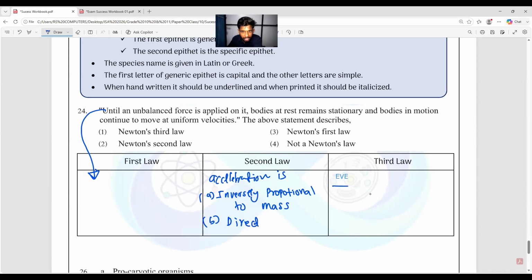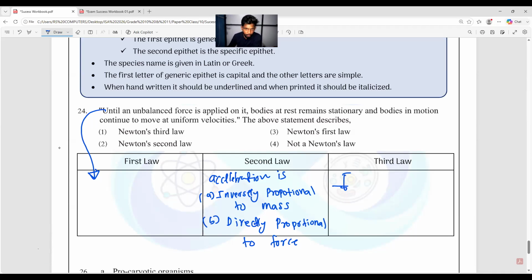You can write it, continue. The third law: every action has an equal and opposite reaction. That is easy, right?